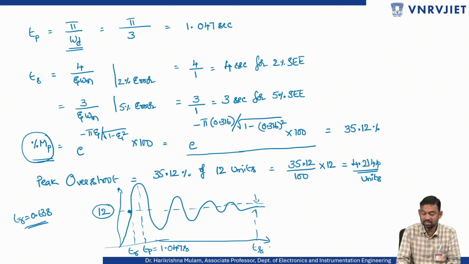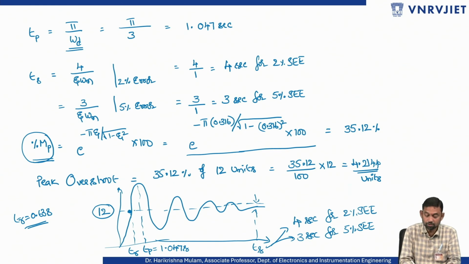And this settling time is equal to 4 seconds for 2% steady state error, and it is equal to 3 seconds if you go for more steady state error, that is 5% steady state error.